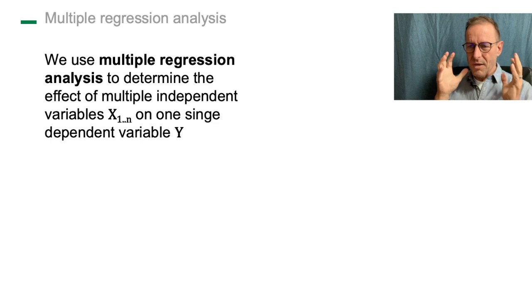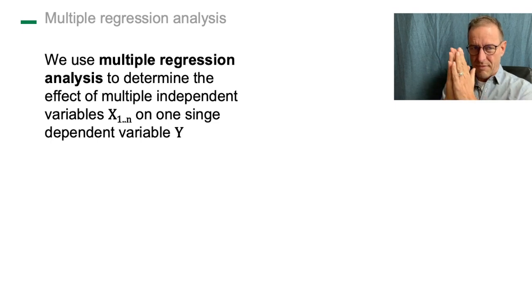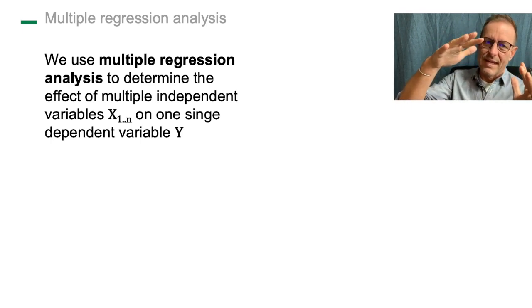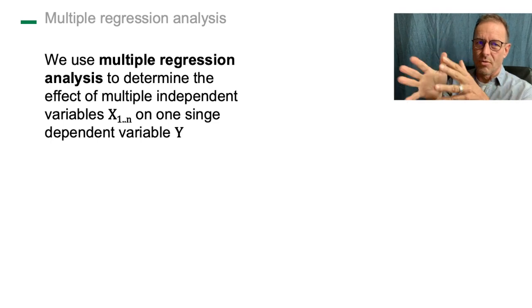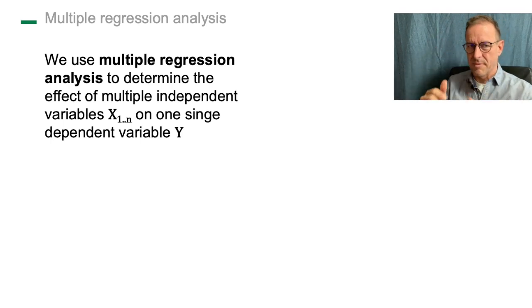So what you're basically doing before doing a multiple regression analysis is you think of the dependent variable, customer satisfaction, salary or so, and you think of as many independent variables as you consider related to that dependent one.